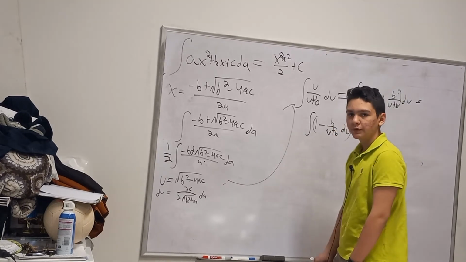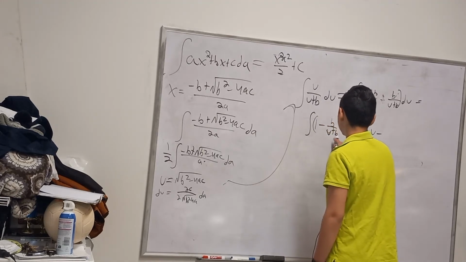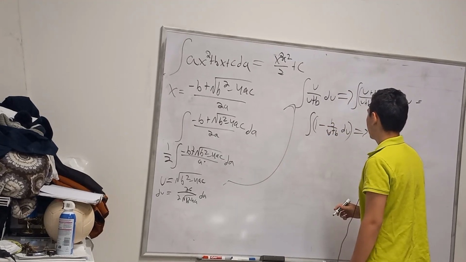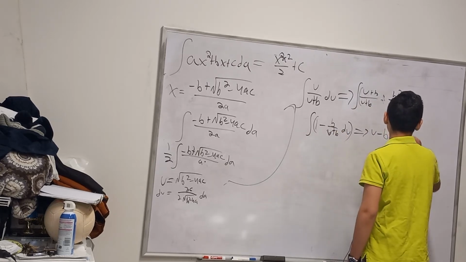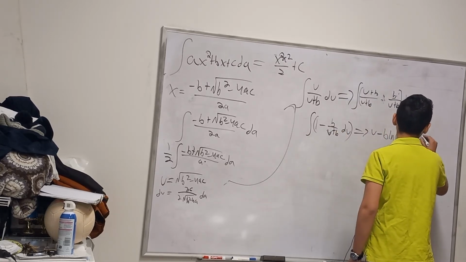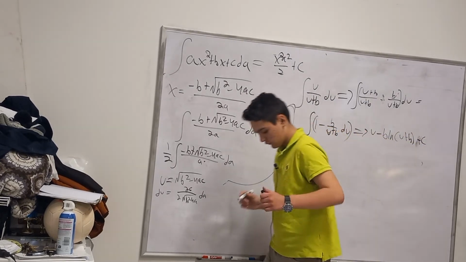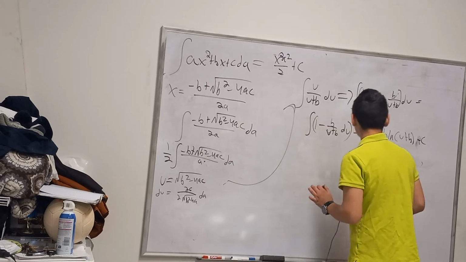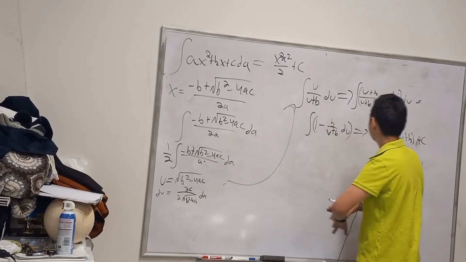We can use a u substitution here. We can substitute u plus b for u, and then we'll have b ln of u plus b, plus c. All right. Now we're almost done here. We just need to plug back the u, our substitute values.